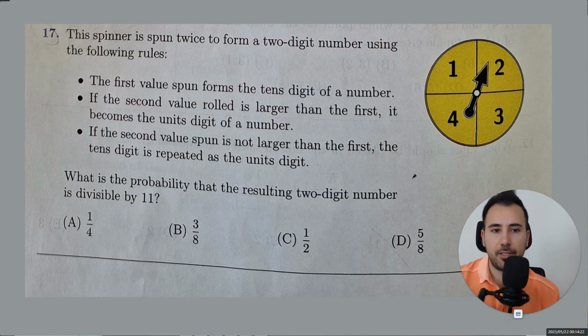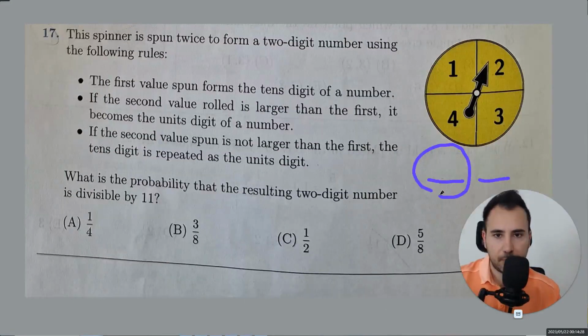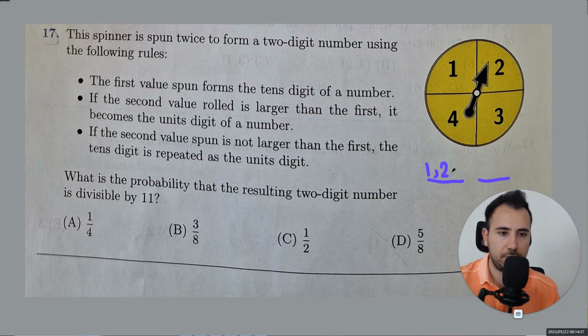So we're going to have a 2-digit number like this. This one, of course, is the 10s digit. So as you can see, we could have 1, 2, 3, or 4. So we're going to have any of them possible. So there are going to be 4 options for the first one.